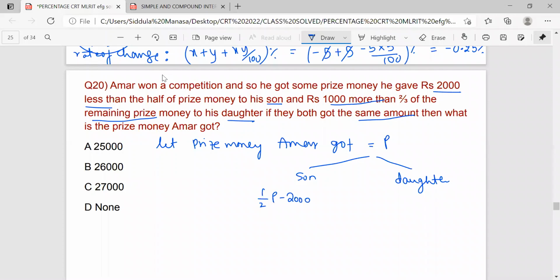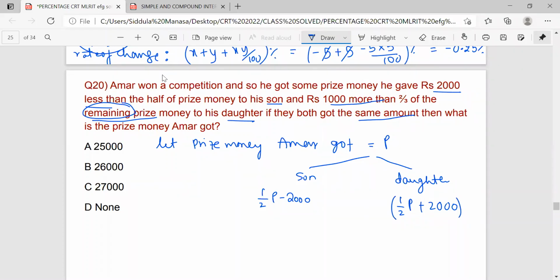Now on the total prize money P, half P goes, so the remaining will be half P plus 2000. Why? Because when you add these two, you should get P. Half P plus half P is P, and minus 2000 plus 2000 gets cancelled. So this is the remaining prize money.